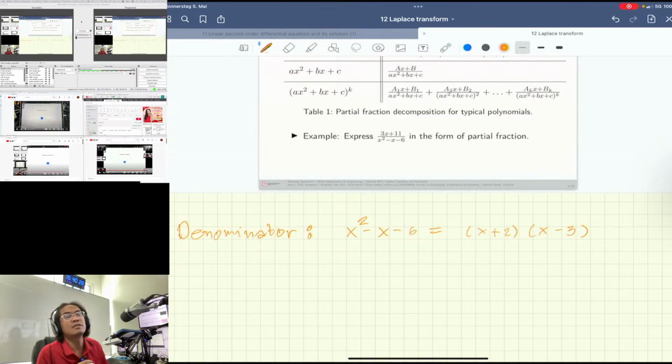Anybody can separate this factor, right? It's not difficult. I hope you can see that it's not difficult. All right.